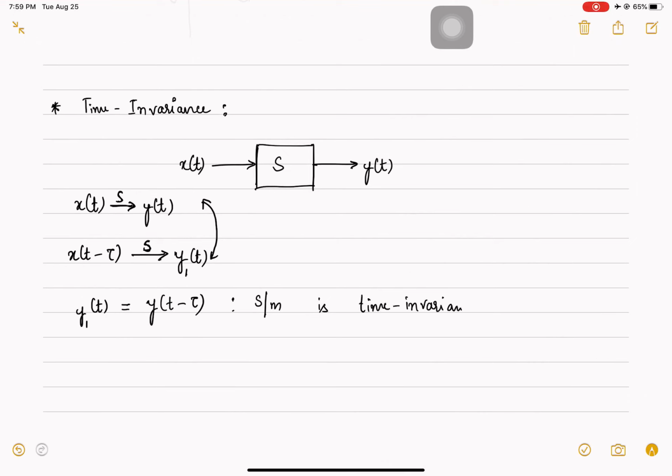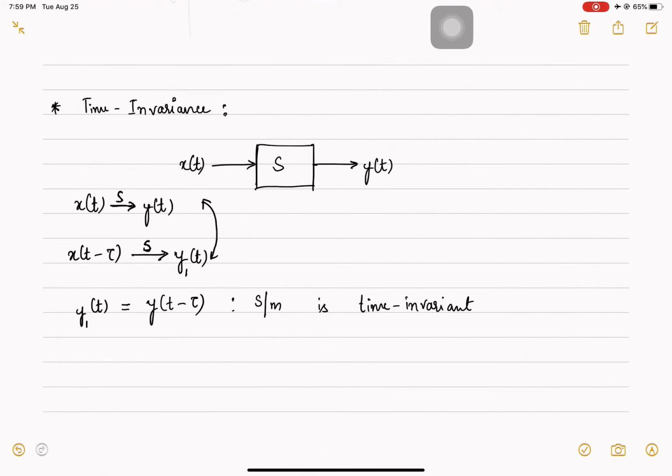Say the unit of t is days. I take a system S, pass x of t today, and note down what the signal y of t is. If tau is equal to 1, since the unit is days, x of t minus 1 corresponds to delaying the input by 1 day.